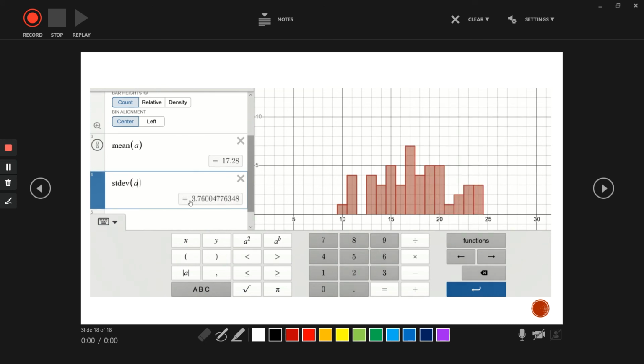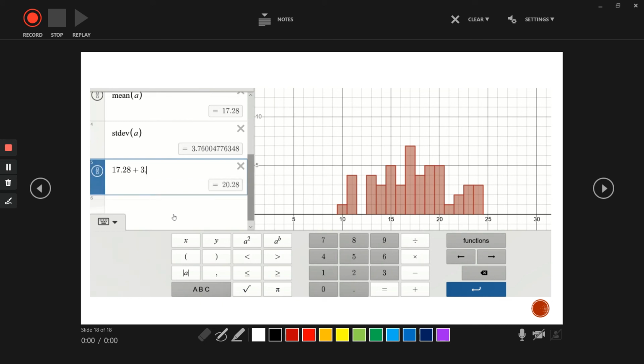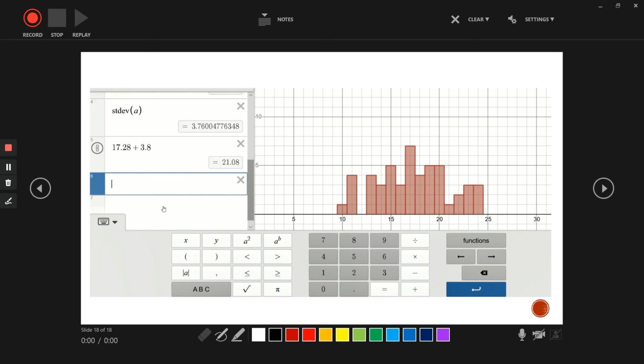Okay? So there we go. All right, so now if I want to know what is one standard deviation away, whoops, sorry. So I can add that on. And then I can also subtract it off.